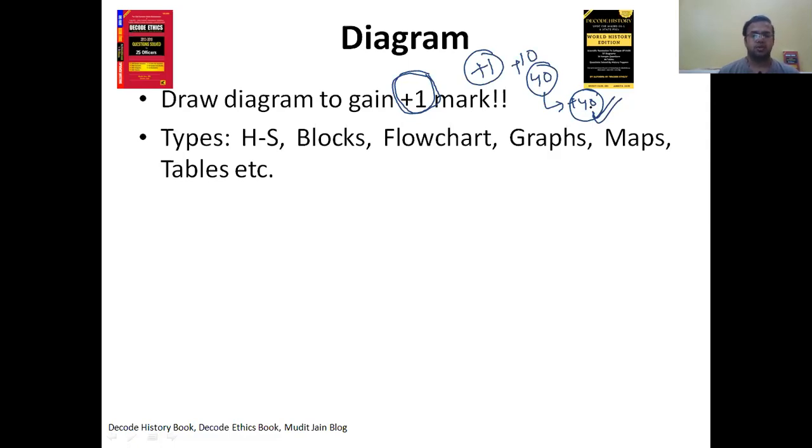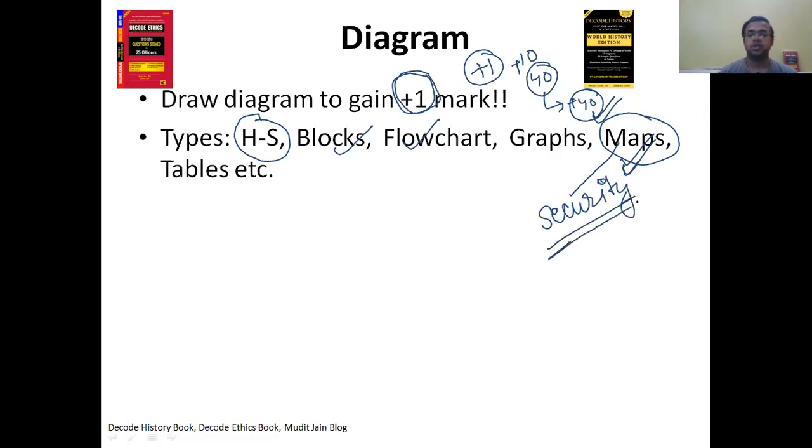As told in the previous sessions, the hub and spoke diagram is very common. You can draw blocks and flowcharts. For environment related questions, you can draw a map. For questions on border management, you can draw a map. For questions on Naxalism, you can draw a map. So maps can be used in security, but it is very difficult because in the heat of the moment you will forget it.